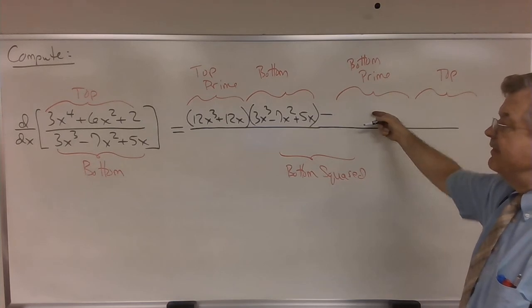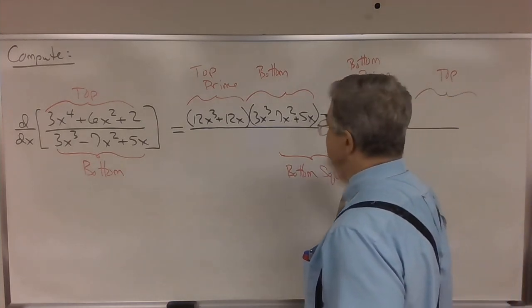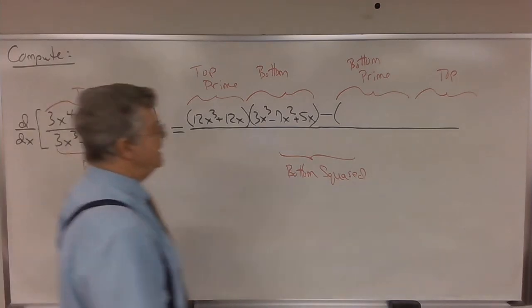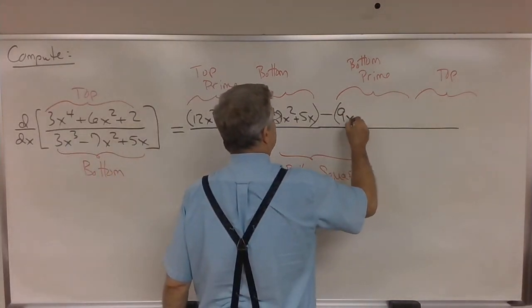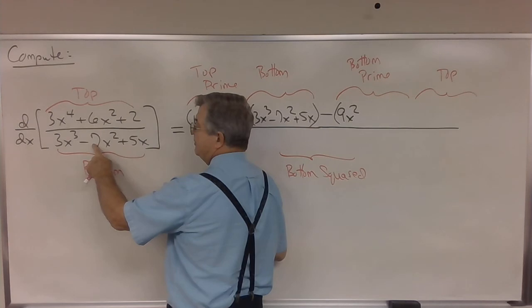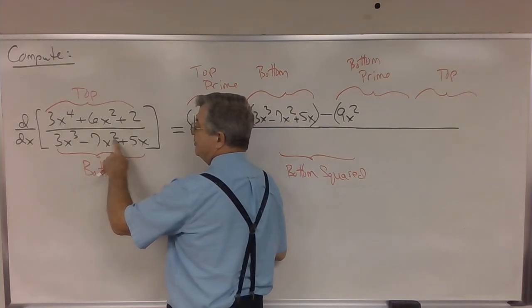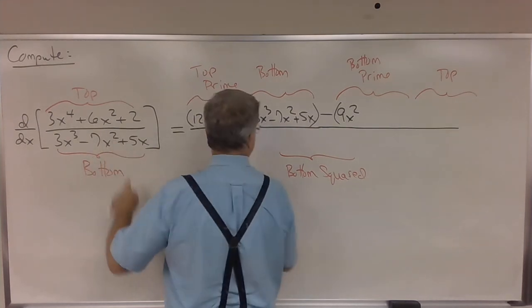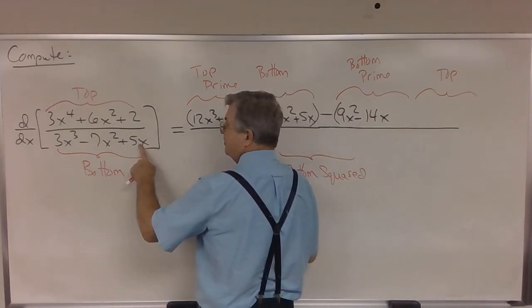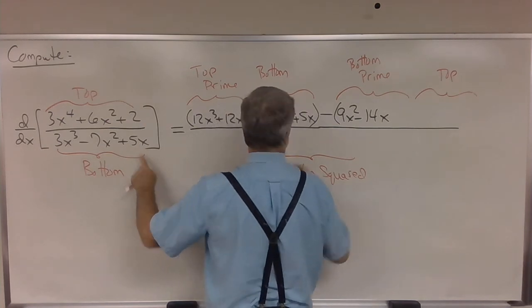Bottom prime, derivative of the bottom. Bring the exponent down front. 3 times 3 is 9. Subtract 1 from the exponent is 2, so 9x squared. Bring the exponent down front. 2 times negative 7 is negative 14. Subtract 1 from the exponent is 1. So minus 14x. Derivative of 5x is just the constant 5.